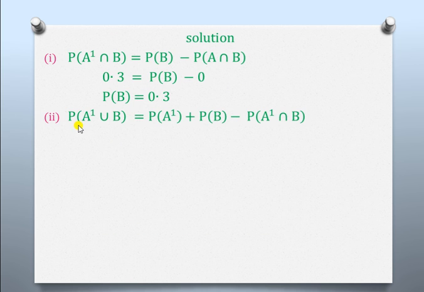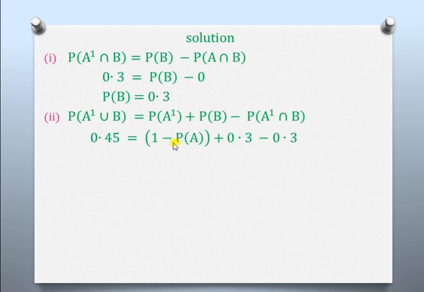Roman 2, this now, if you compare this with the probability of A union B, the formula will just be the same, only that wherever we have A, we shall have the complement sign indicated. So it will be the probability of A complement plus the probability of B minus the probability of A complement intersection B. And if you do the substitution, you will realize that you're looking for the probability of A, but you had the probability of A complement.